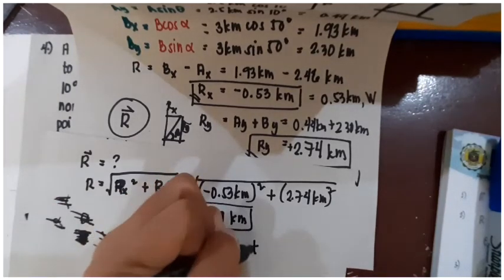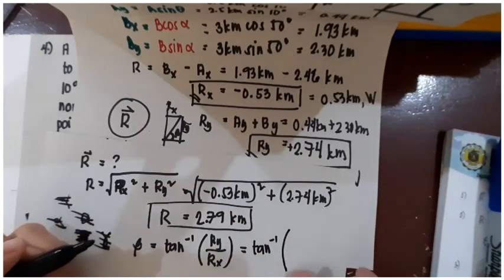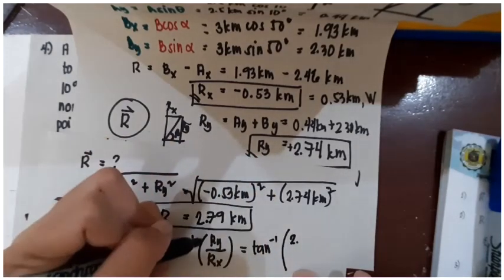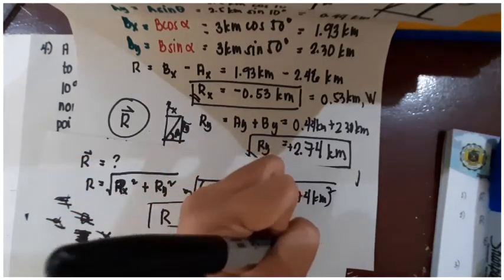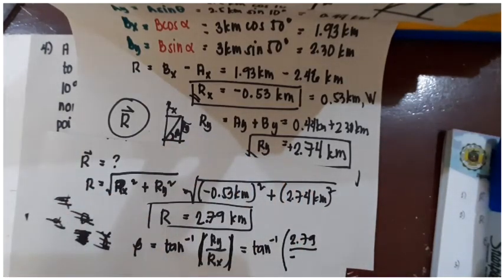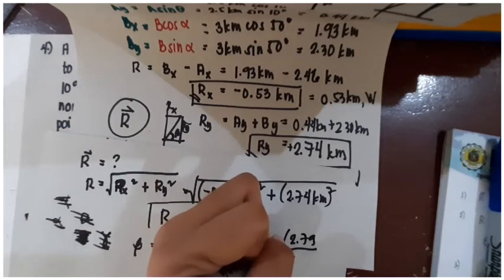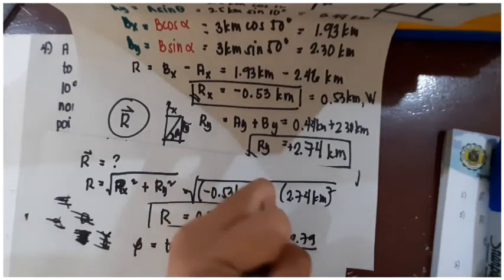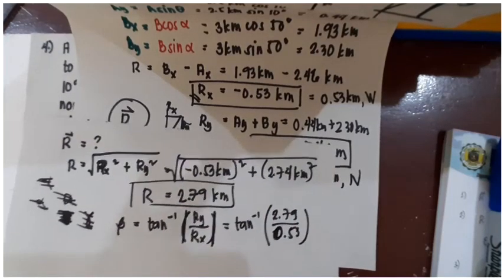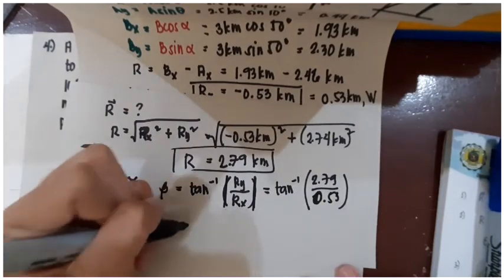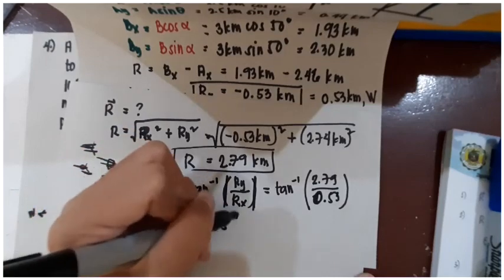Okay, so substitute the value. So in this case, i-neglect lang natin si negative sign ni Rx. Okay, so since this is actually an absolute value. Okay, so i-neglect lang natin kasi walang negative na angle. Okay, so it should be positive. So you have here 0.53, okay, and then your beta now, or your angle now, is equal to 79.05 degrees.